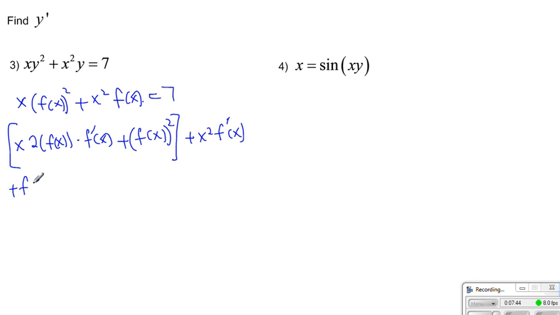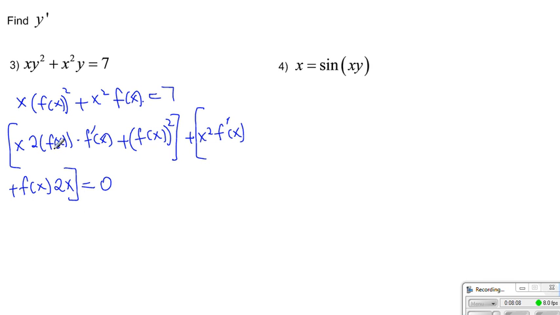Plus f of x times the derivative of x squared, which is simply 2x, is equal to 0, of course. This is the derivative of the second term, and on the other side, the derivative of 7 becomes 0.